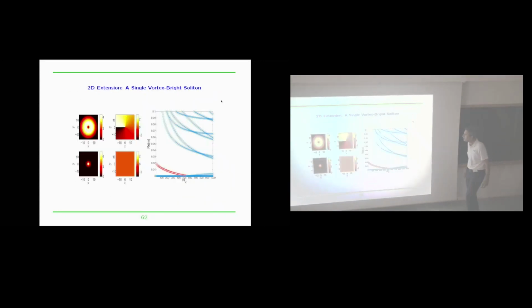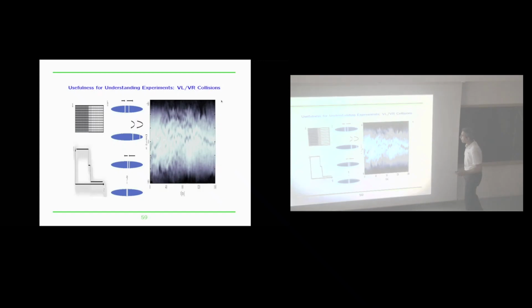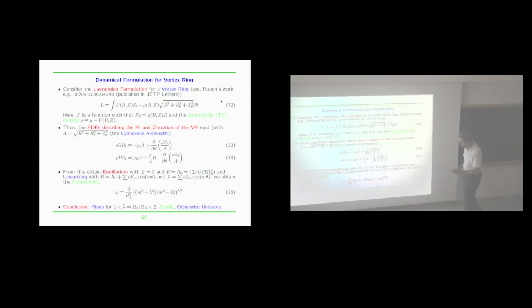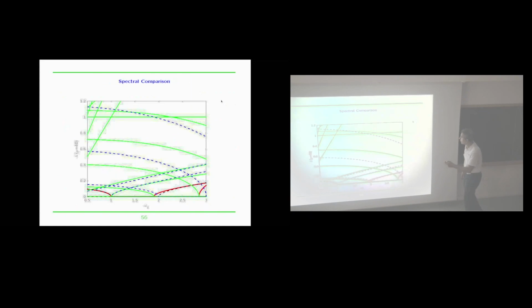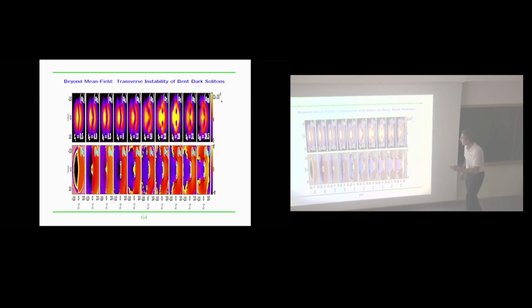Let me skip this and finish by telling you something about these vortex bright solitons that I told you are also a possible state in the system, and we can actually find them motivated by the numerical experiments that we did before. Let me just go forward towards the end.